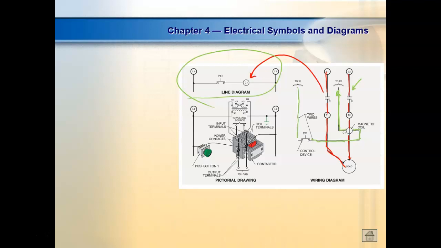Questions on that? So normally there are two parts. It's control circuit, which is usually low voltage, and then your power circuit would be high voltage. What advantage does low voltage have over high voltage?